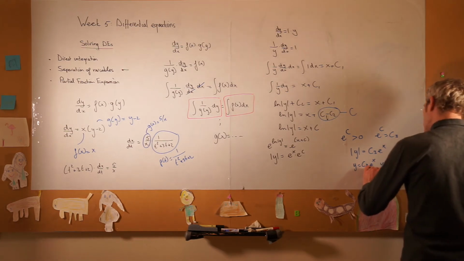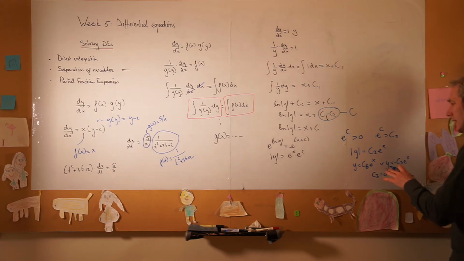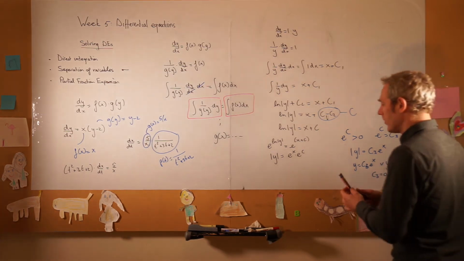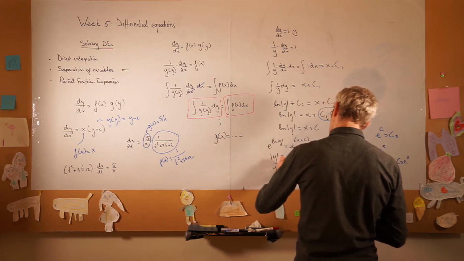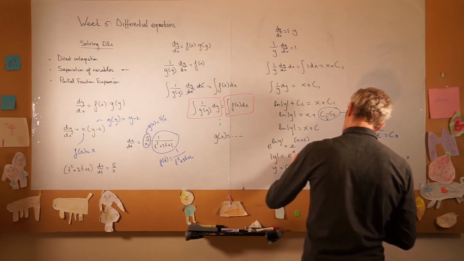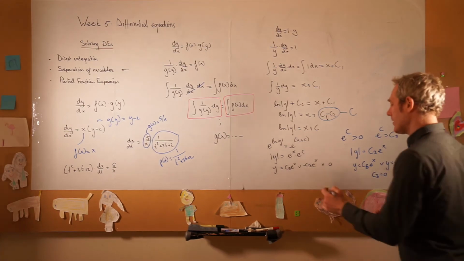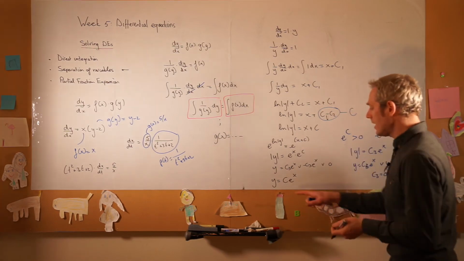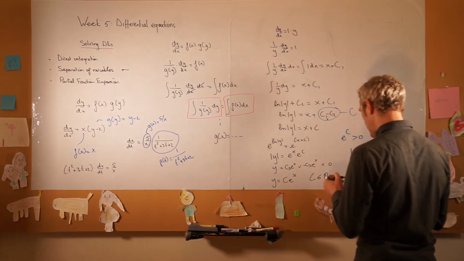If then also c3 equals 0 is a solution, which it is, because that will be the trivial solution, then we can just simply write, instead of writing y is c3 e to the power of x, or minus c3 e to the power of x, or 0, we can bulk this together and say y is equal to some integration constant times e to the power of x, where this c is just simply any real number.